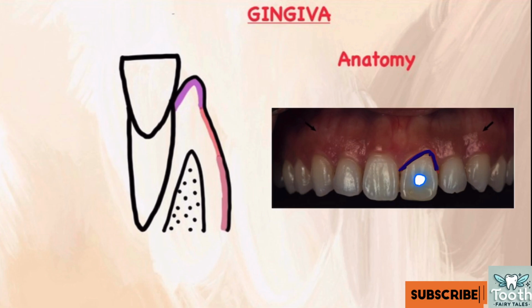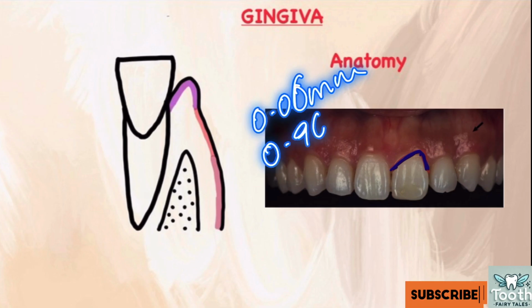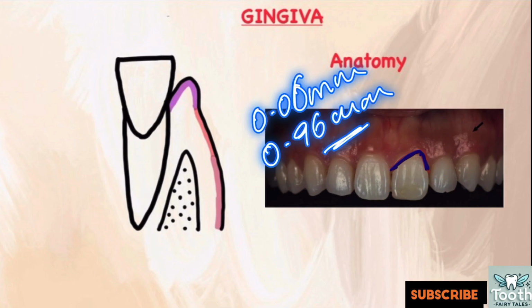So is it mesial, or distal, or at the center of the teeth? This is how mesiodistal dimension of the gingival zenith is measured. The dimensions of gingival zenith can range between 0.06 mm and 0.96 mm vertically and horizontally.